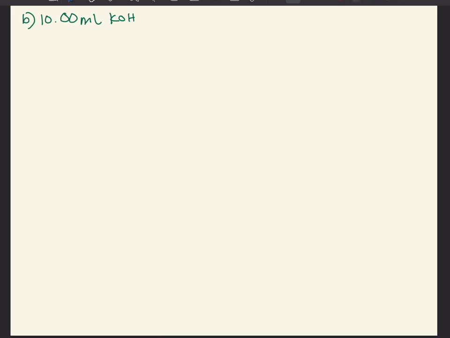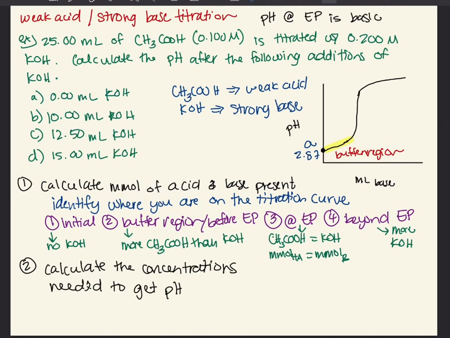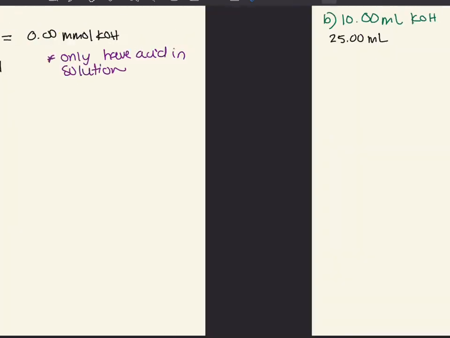So the first thing I'm going to do is calculate how much of my acid and base I have in solution. So I have 25 milliliters of my acid. I got that from the problem right here. We have 25 milliliters of 0.1 molar acetic acid.